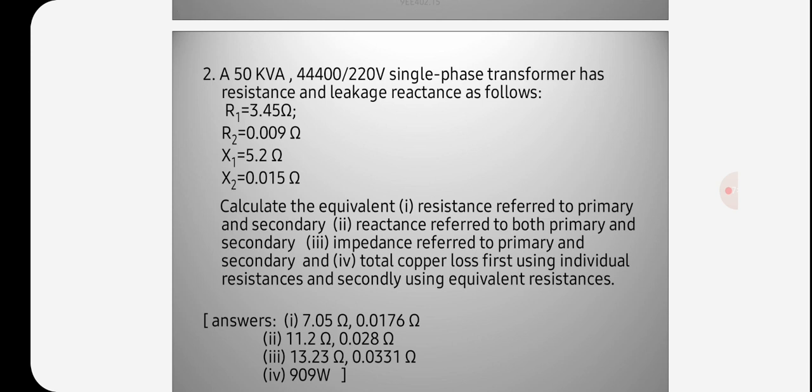In the next class we will discuss the transformer tests: the open circuit test, which means the no load test, and the short circuit test or impedance test. These are the two tests in the next class.